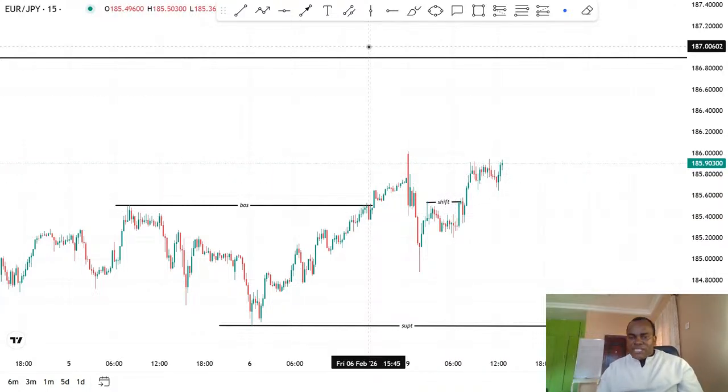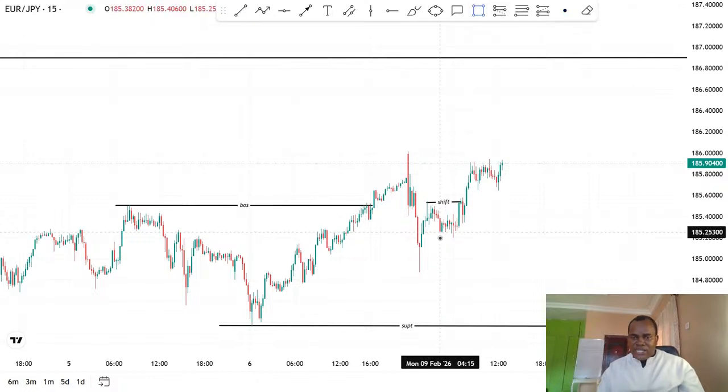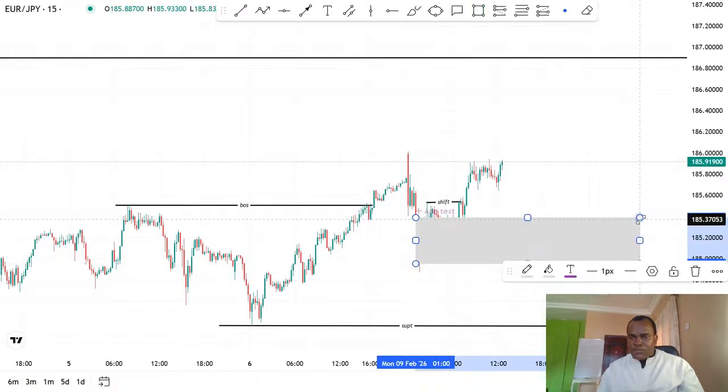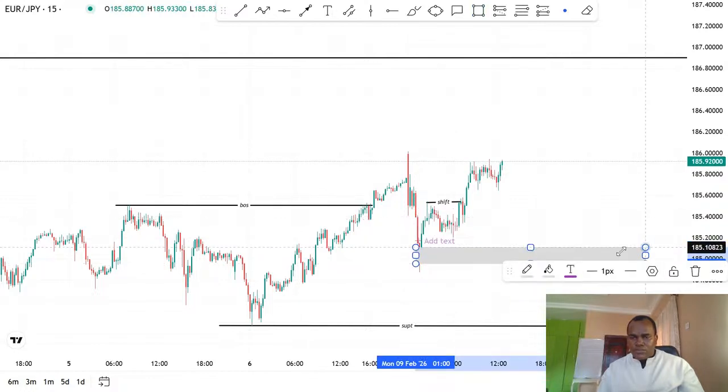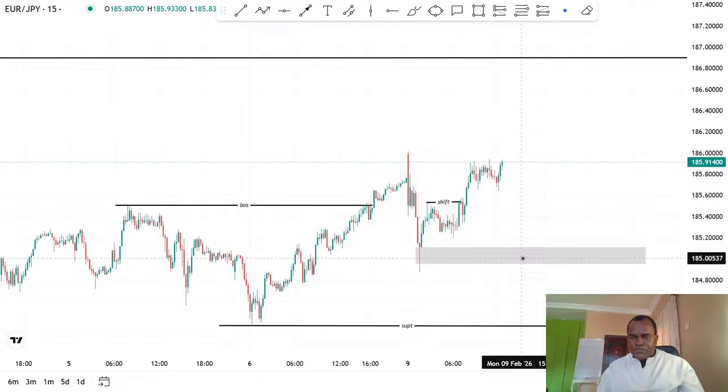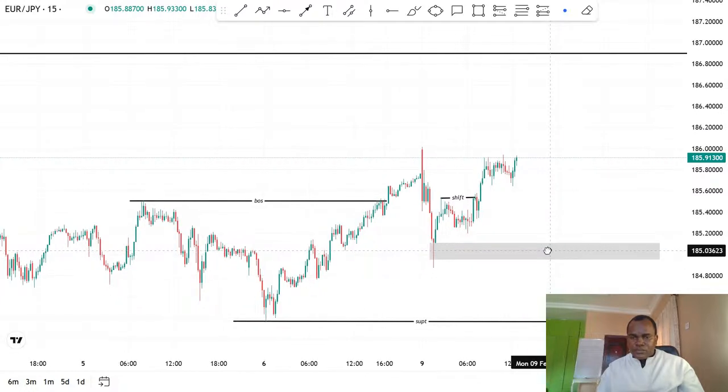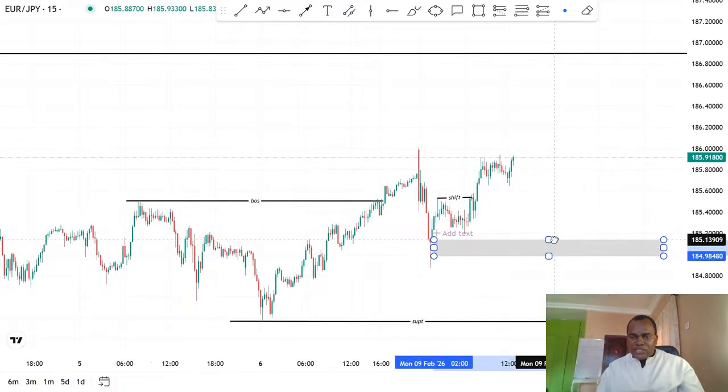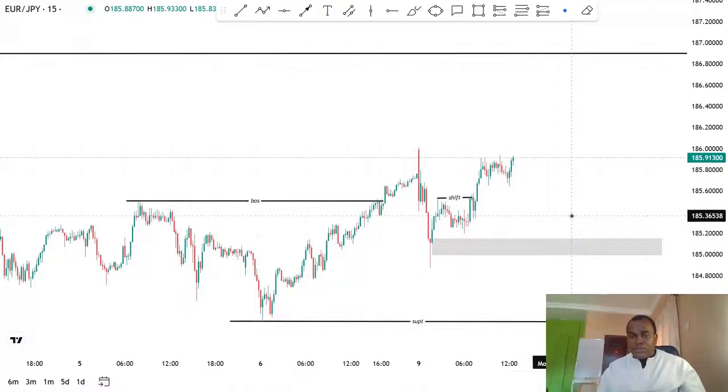Then he left out all of these inducements. He left out this inducement unfilled. He left out these areas unfilled.